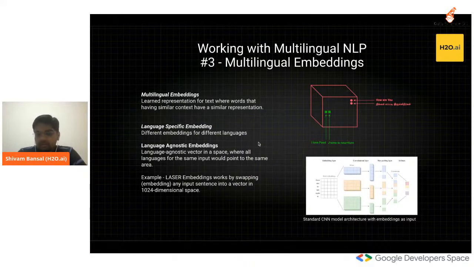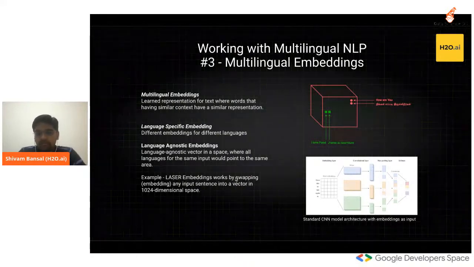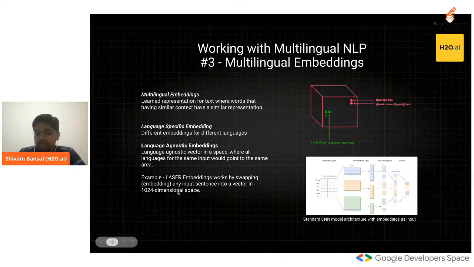One of the embeddings that we use is the LASER embeddings from Facebook, which maps all the text into a 1024-dimensional space. In this space, text that has similar context, even though in different languages, is represented at almost the same location. We don't really need to take care of what language it was when the data was passed in.